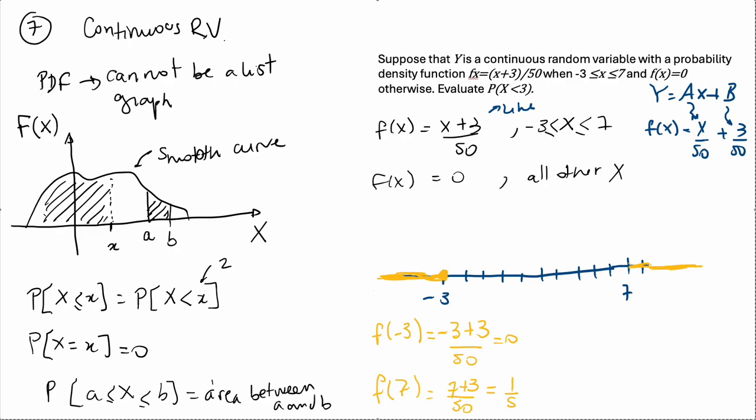So when my x is 7, my curve will actually be 1/5. So in the end of the day, if a line connects 2 points, I need to connect both of these points. I need 1/5. I will need to connect both of these points.